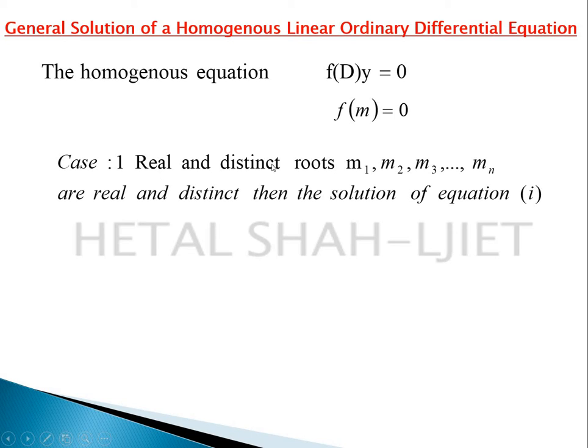If the roots are real and distinct, if this equation has real and distinct roots m1, m2 up to mn, then the solution of this equation 1 is y equal to CF. CF is the complementary function, where C1 e raised to m1x, here m1 is the first root, plus C2 e raised to m2x, m2 is the second root, plus C3 e raised to m3x up to Cn e raised to mnx, where C1, C2, C3 and Cn are constants.